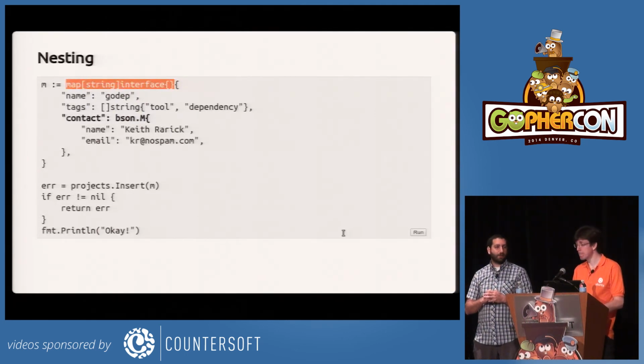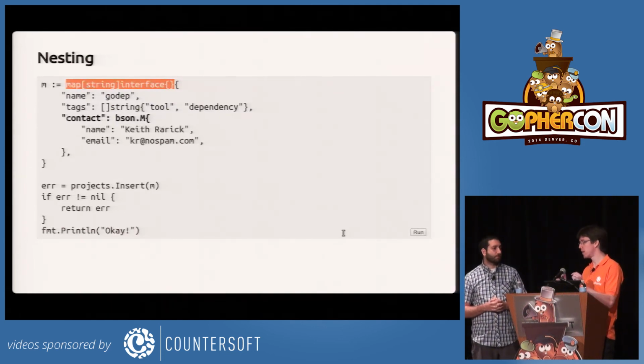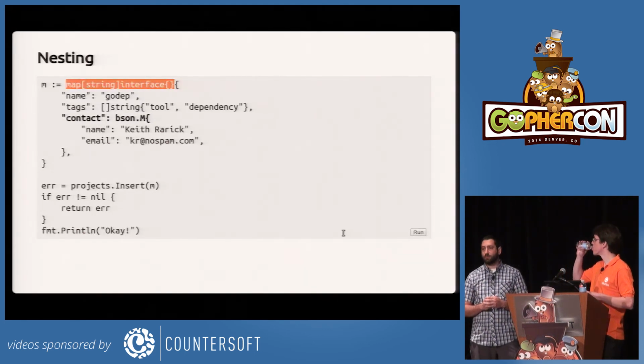But in MongoDB, that's just a first-class citizen. It has full support for it. So you see here we've got tags. Tags is just like any other field, but this one happens to contain a slice or an array of values. And if you index that, you can actually look for tags, despite the fact that it's an array. It'll index every single value and treat it all uniquely. It's a really powerful tool in MongoDB.